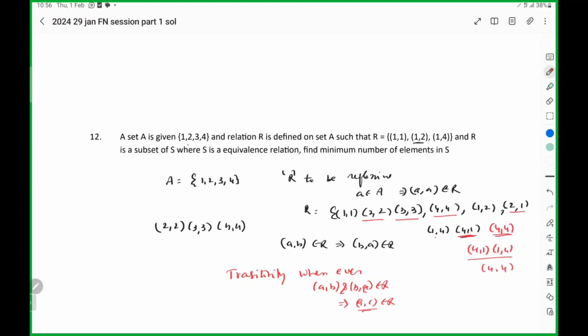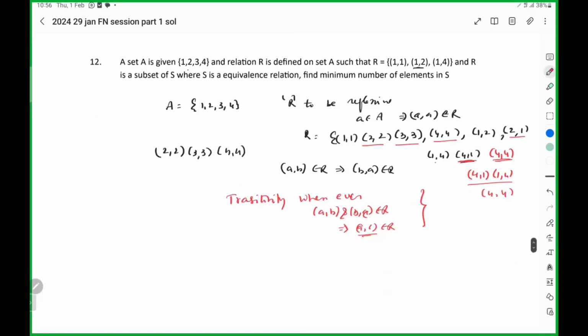It's already there. Okay, (4, 4) is there, no need to add. So (1, 2), (2, 1), (2, 2). Right. So to satisfy all three properties, how many elements must be added? So minimum 5 elements must be added to make the relation an equivalence relation.